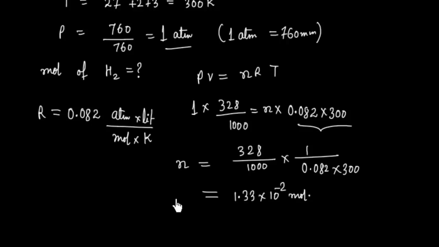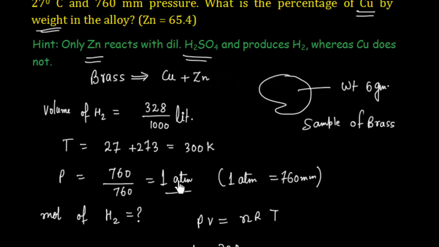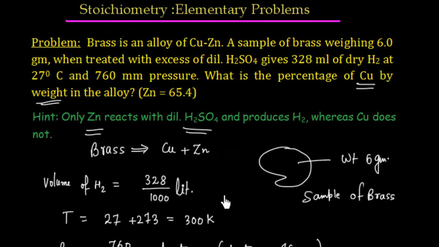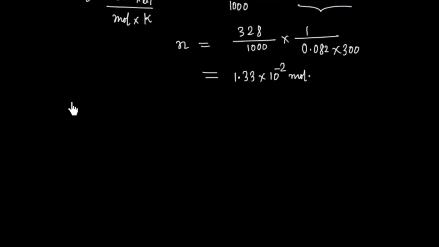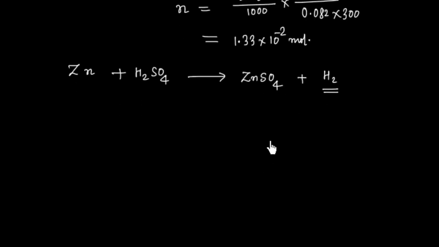Now once I know the mole of this, I can calculate mole of basically zinc, because zinc reacts with H2SO4 and it forms hydrogen. So we can write equation Zn plus H2SO4, and this gives you ZnSO4 plus hydrogen gas. So once I know the mole of hydrogen, that is 1.33 into 10 to the power minus 2 mole, basically I know the mole of zinc, because 1 mole of zinc gives 1 mole of hydrogen.